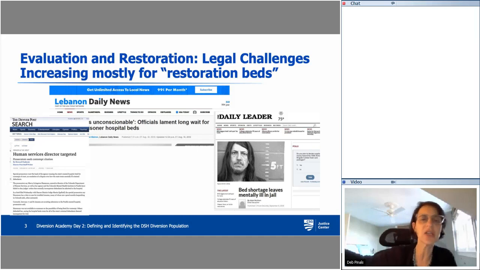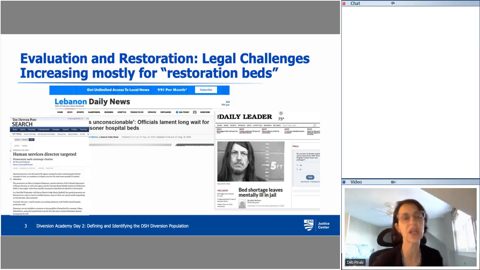And then you get to the end of the road if you follow a lot of these individuals, and you realize this is not somebody that the court really had an interest in trying to begin with, but the competency route was kind of the default route. So this is getting a lot of headlines. It's also getting a lot of litigation. In the spirit of full disclosure, I do serve as an expert for the court monitor in the state of Washington, where there's been a lot of press about the case related to this issue.